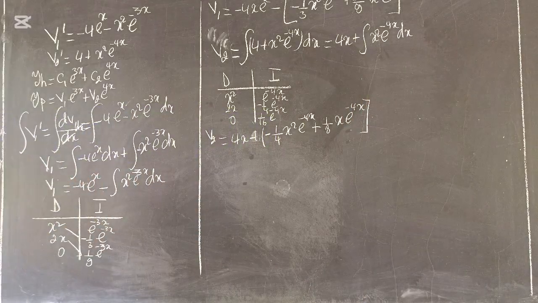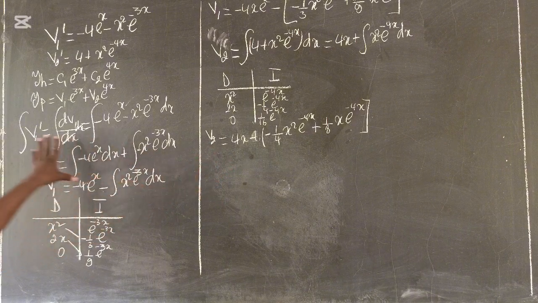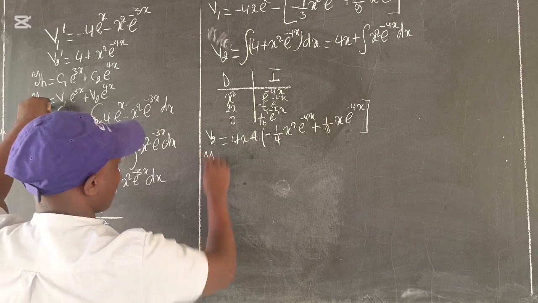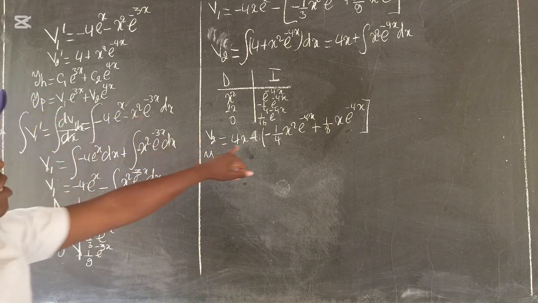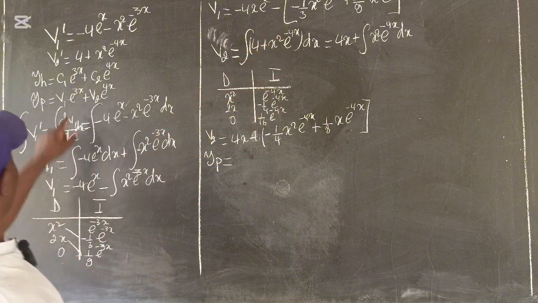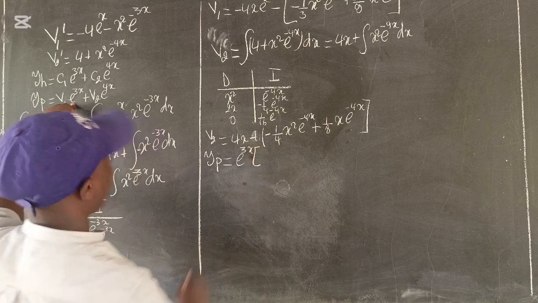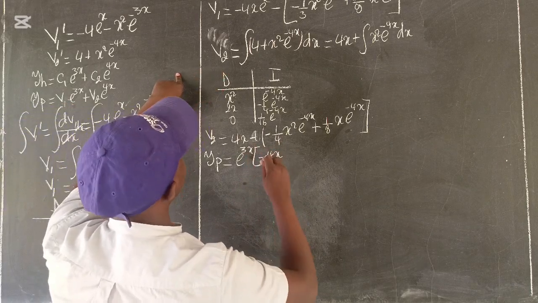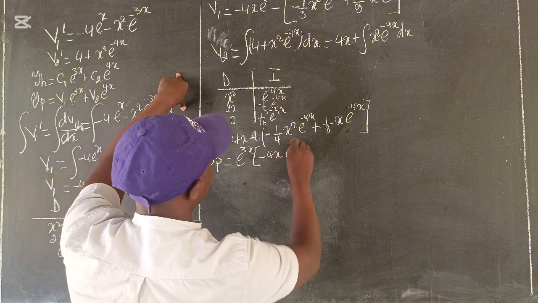Okay, here is what we need. Our particular solution, yp, is equal to exponential of 3x times v1, and v1 is minus 4x exponential of x.